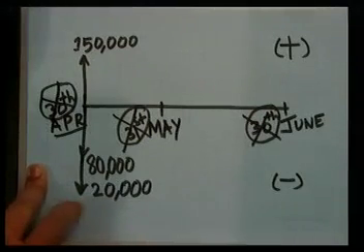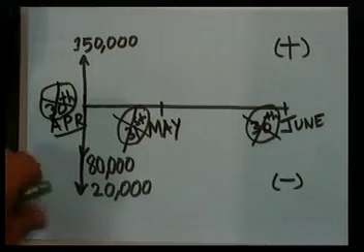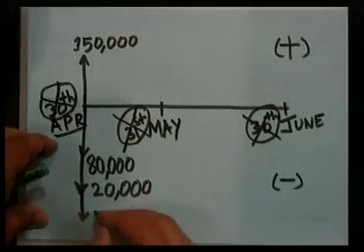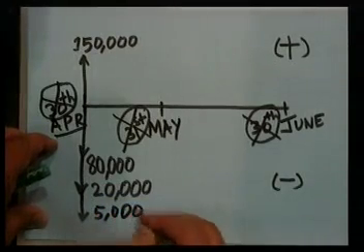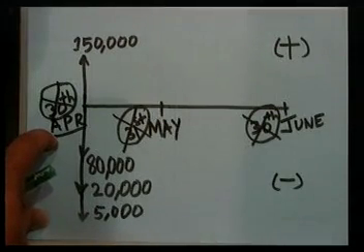So, I have added another line, another arrow worth 20,000 in downward direction. And finally, you have a 5,000 value for payment for supply of stationery. Is it clear?